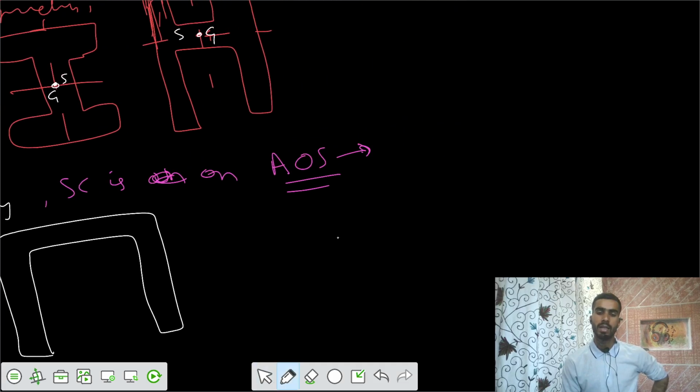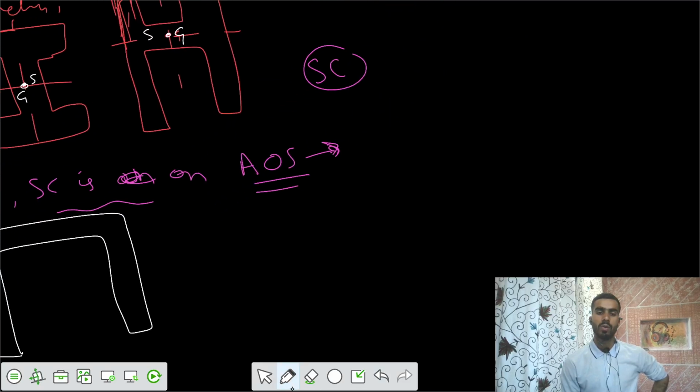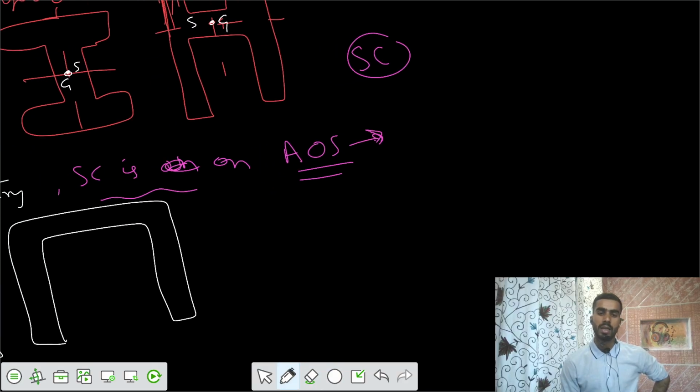By the definition of shear center, how can you get the location now? What should be the value of E where it's located? We say that the shear center is the point where the resultant shear forces pass.